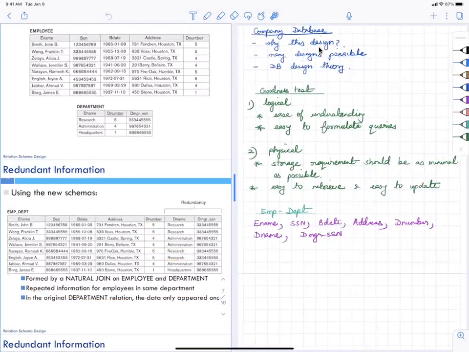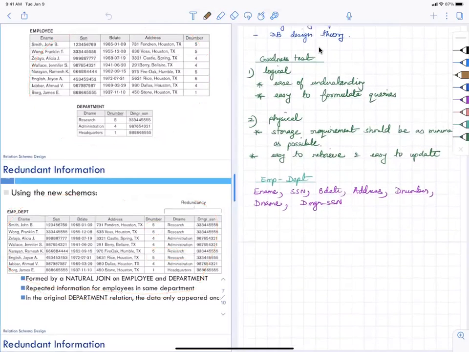But even if you had no logical understanding and you were just blindly looking at the data, you can know by looking at this one table, employee department, versus these two tables, employee and department, that this is not a good design, because you can see a lot of redundancy. So that is a bad design.